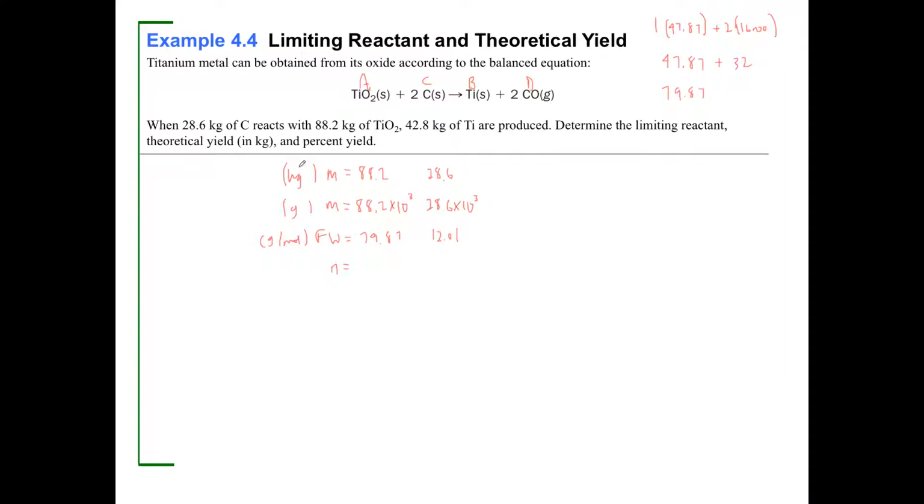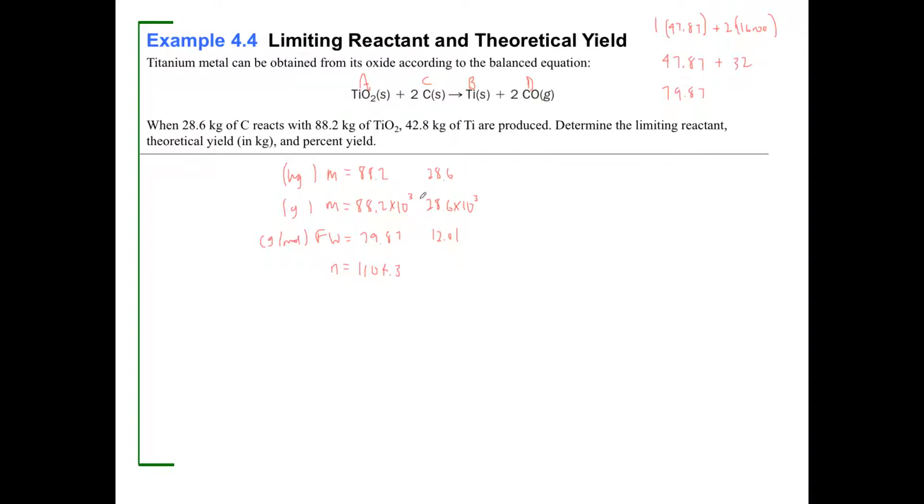Just a moment here. 88.2 times 10 to the 3 divided by 79.87. Oops, got something wrong here in my calculator. Let me do it again. 88.2 times 10 to the 3 divided by 79.87 equals 1104.3, okay?